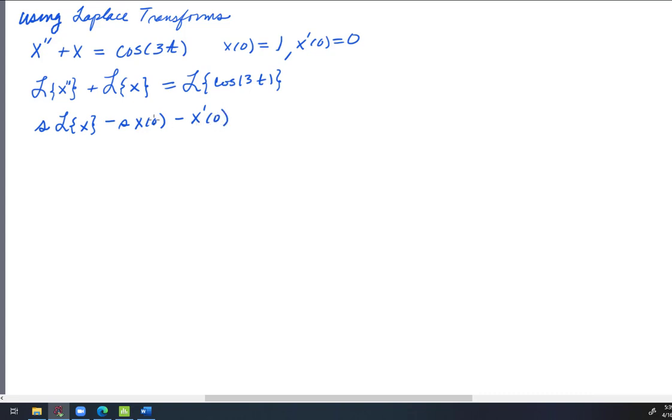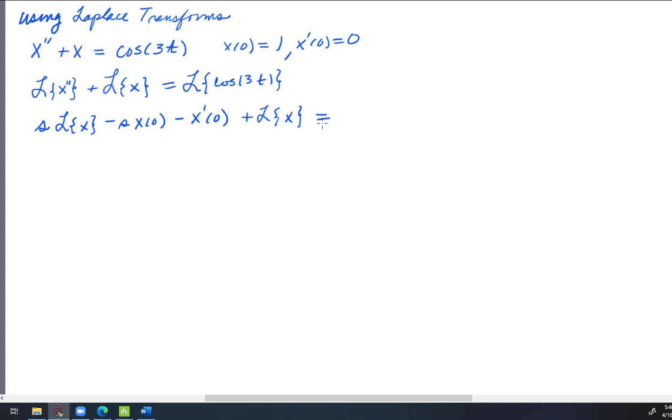So that's using the derivative theorem on the L of x double prime. Now I've got a plus L of x. We'll just leave that one alone because actually what we want to do is to find out what L of x is.